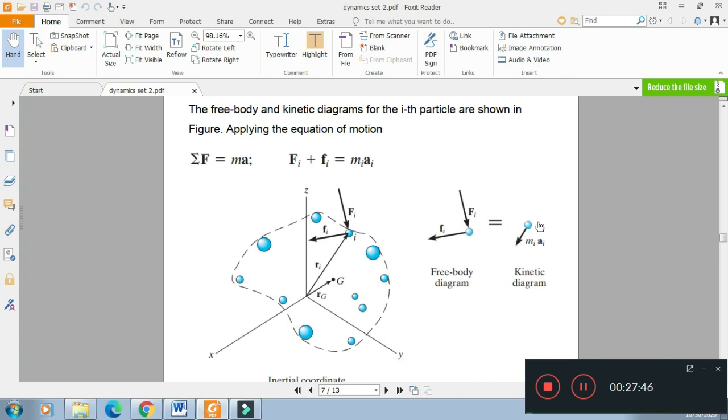The vector sum will give the acceleration of a single particle. So this is a free body diagram, this is the kinetic diagram. The position vector of this ith particle is Ri. From a fixed reference system, the position vector is small ri, and there is an additional position vector rg. G is the center of mass. So rg is the position vector from the reference frame to the center of mass.